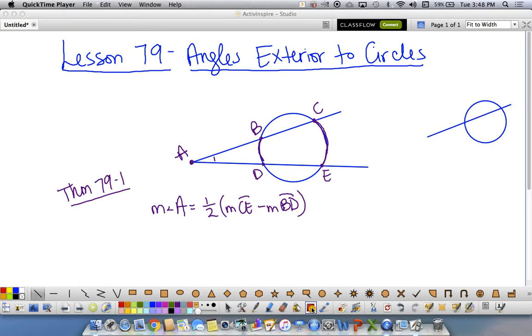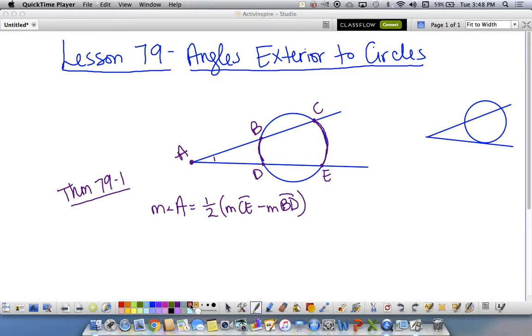It's just a line that goes through a circle, hitting it at 2 points. One is a secant and one is a tangent. Does it still have 2 intercepted arcs? Yes, you have an arc here to the point of tangency, and then you have the smaller arc on the inside. You can still do it if it's tangent.